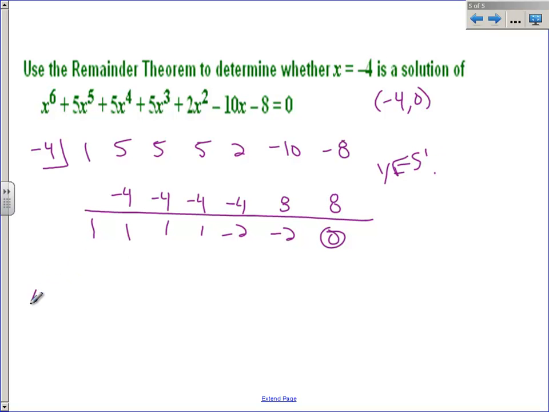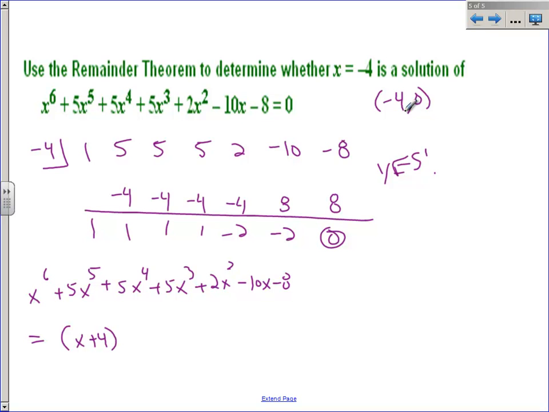We know that x to the 6th plus 5x to the 5th plus 5x to the 4th plus 5x cubed plus 2x squared minus 10x minus 8 can be broken down into x plus 4. If negative 4 is a root, then x plus 4 is a factor.